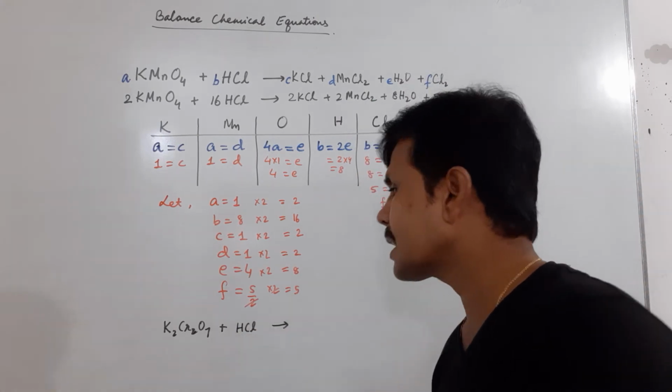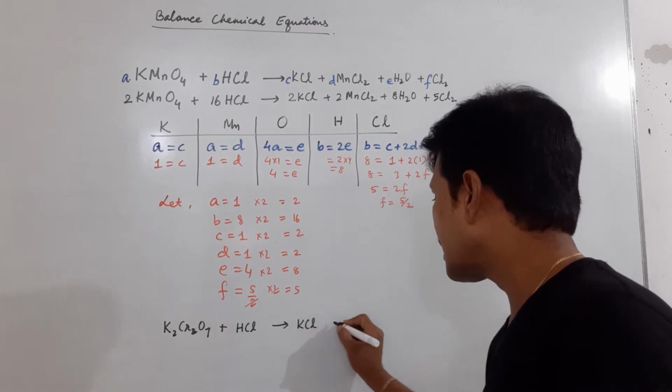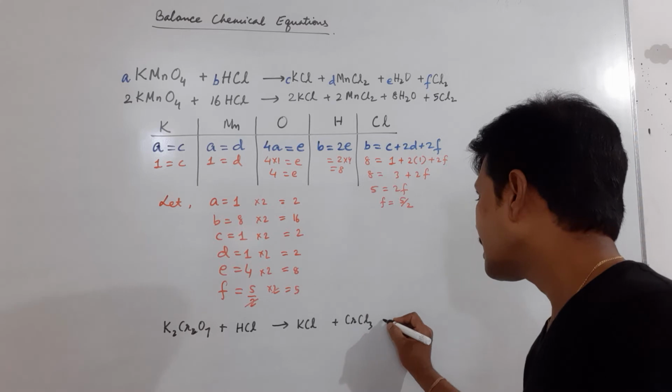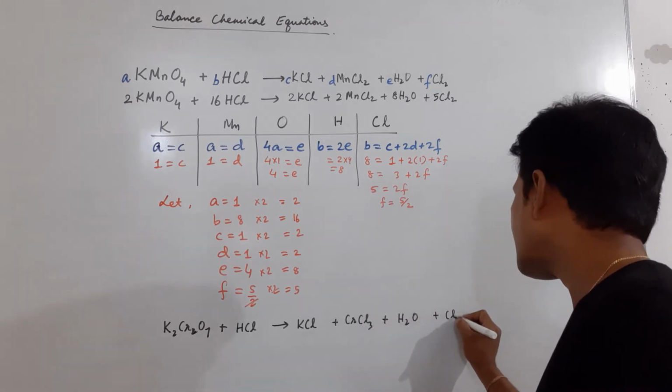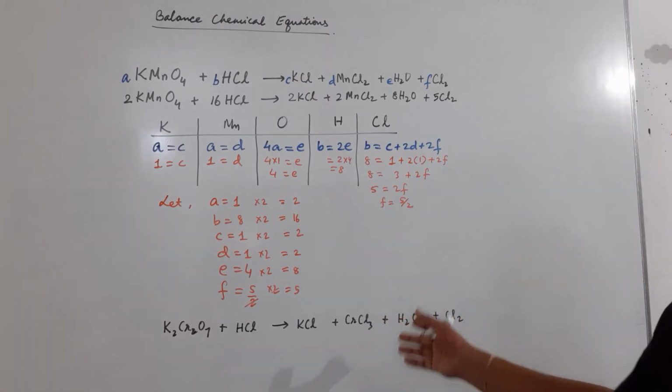So what I'll get is potassium chloride, KCl, CrCl3, then water, H2O, and Cl2. I hope the equation I have written is correct.